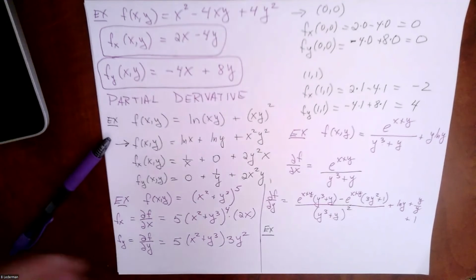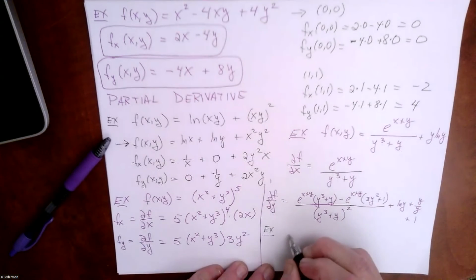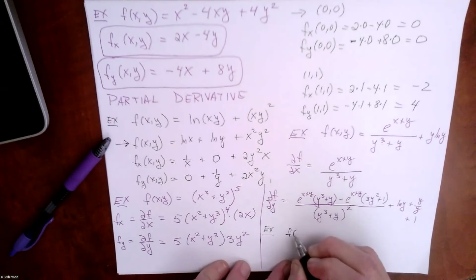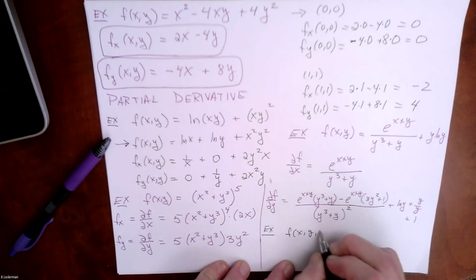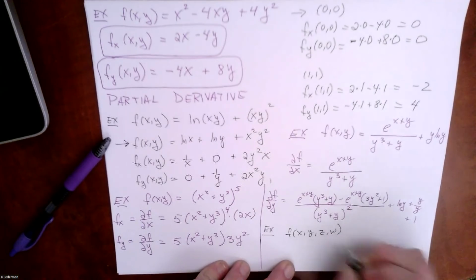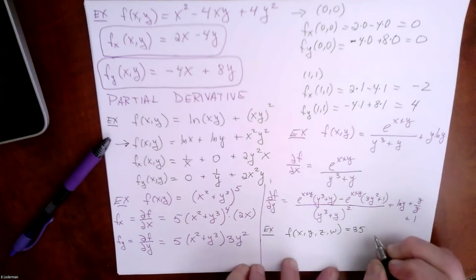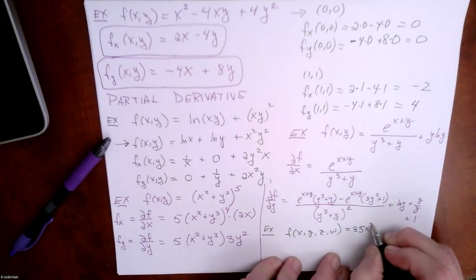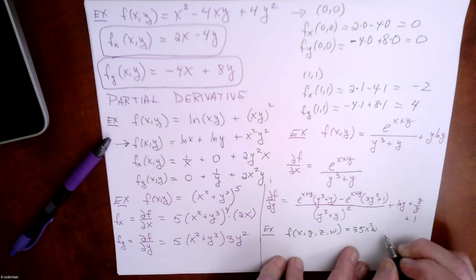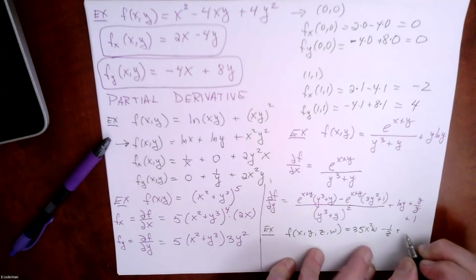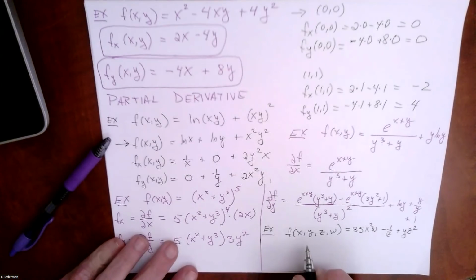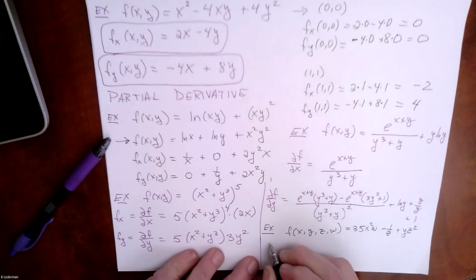Okay, so here's our example. We're going to look at f of x, y, z, w. That's 4 variables, and that's equal to 35x squared w minus 1 over z plus y z squared. Now this is pretty horrendous, and I want you to find f sub z.